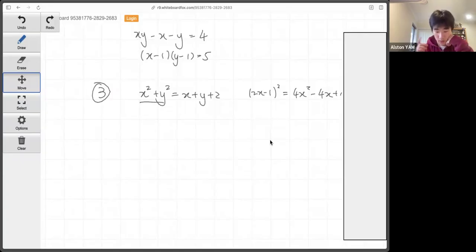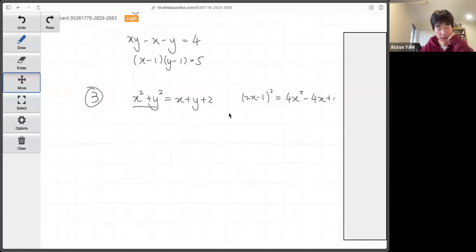Actually, in order to make the coefficients the same, and I want it in this form, I'm going to multiply both sides by 4. So then we have 4x squared plus 4y squared equal to 4x plus 4y plus 8.